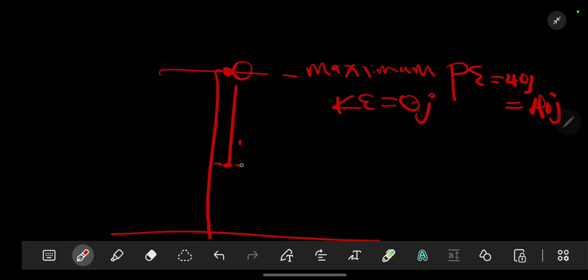Potential energy, remember, is equal to mgh, so if the height reduces by half, from 40 it will be 20 joules.